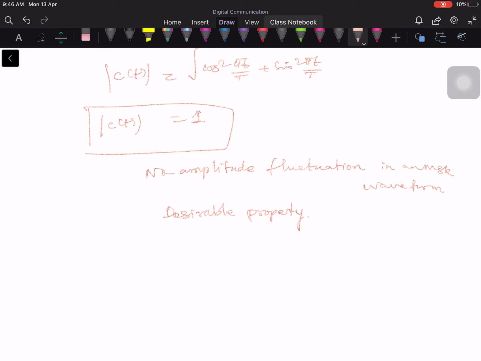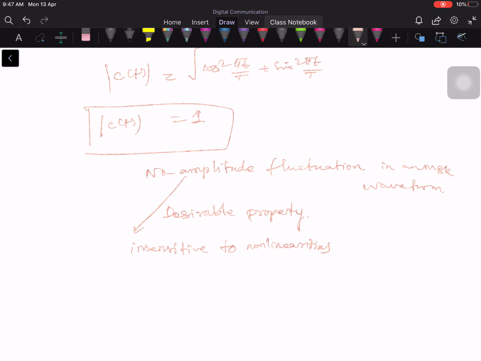Whenever you have constant amplitude, then it is insensitive to non-linearities which may be present in your system, and that is a major reason for the popularity of MSK waveform in such applications. Because of this constant envelope, MSK is very popularly used in digital communication.